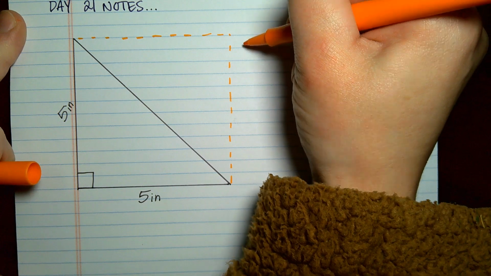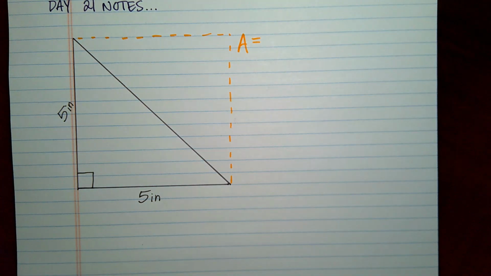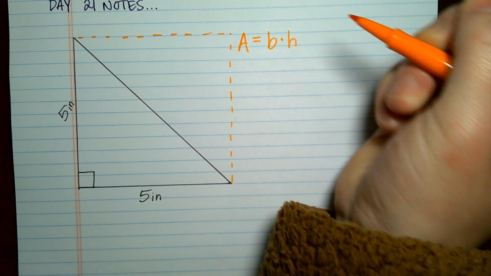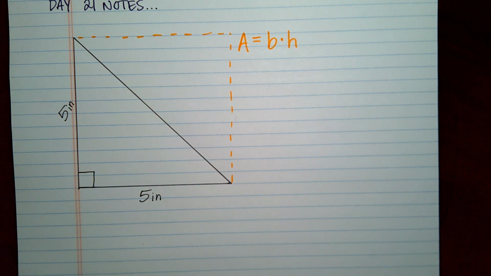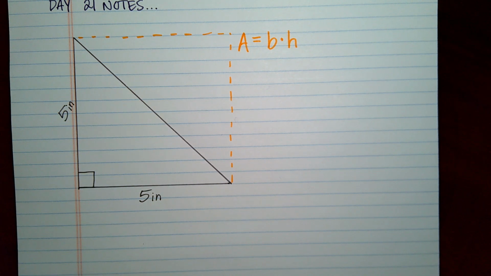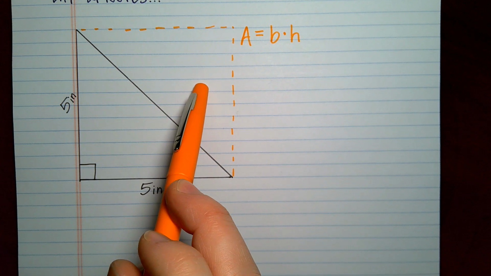So if I wanted to find the area of a square, it'd be base times height, right? We know that. What do you think we would do to find the area of this triangle? Five. We would divide by what? 2. By 2. Triangles are half of squares.